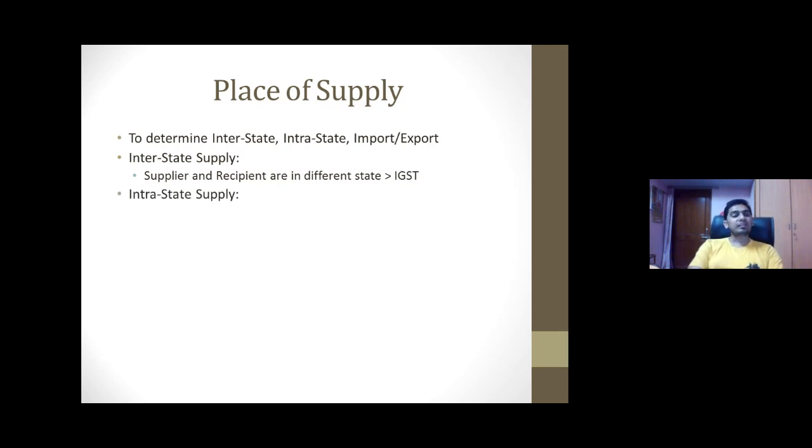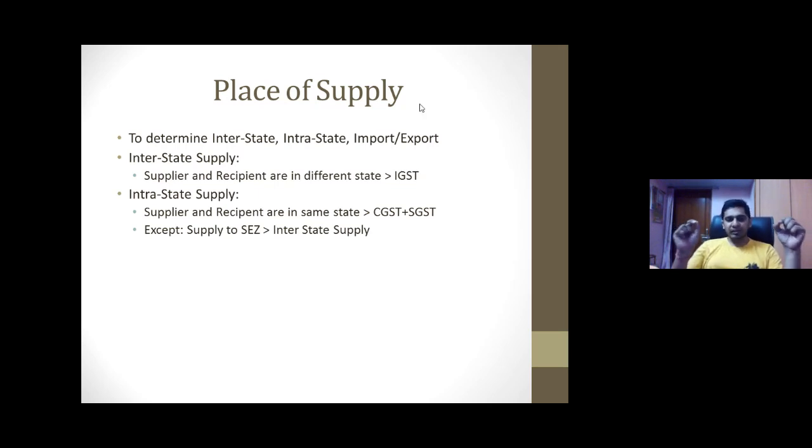And what is intrastate supply? When supplier and recipient are in the same state, CGST and SGST will be applicable. The exception is supply to SEZ. SEZ is Special Economic Zone.